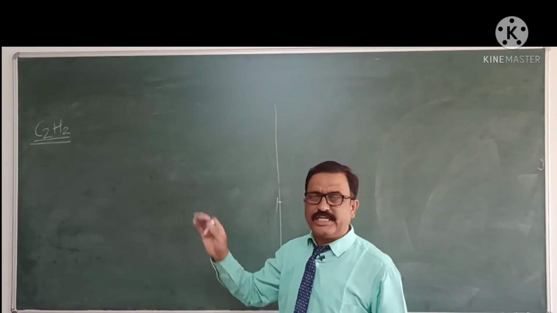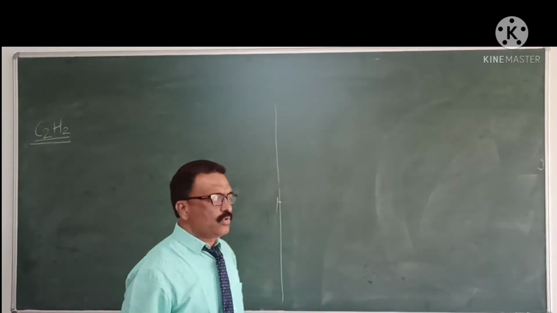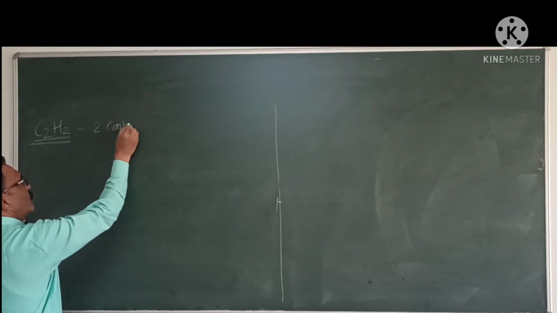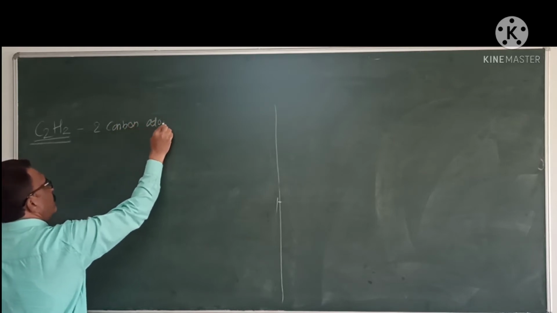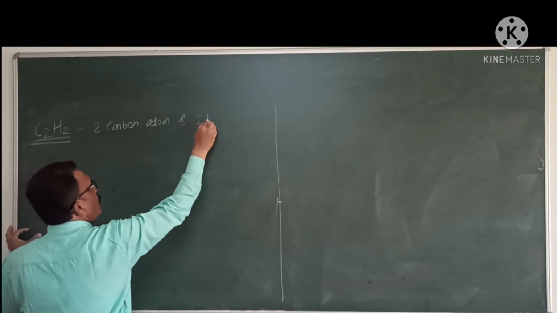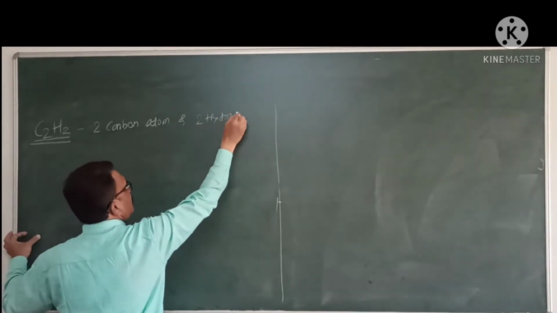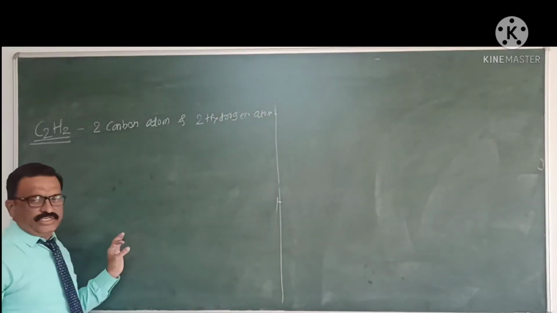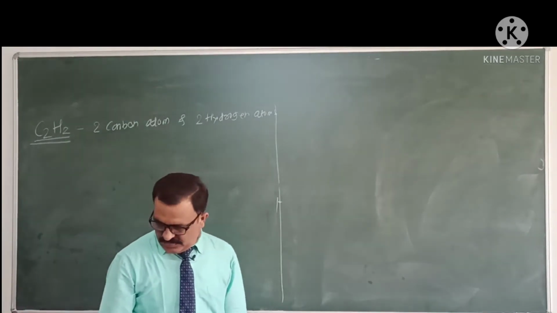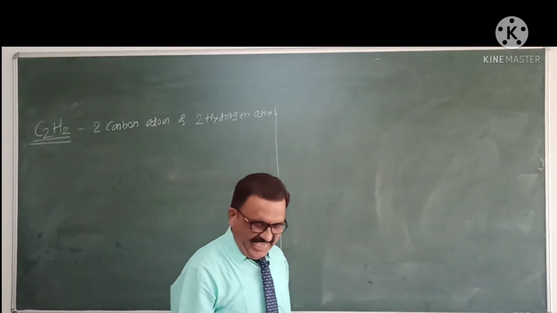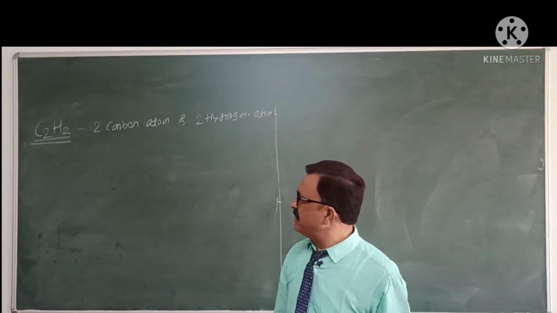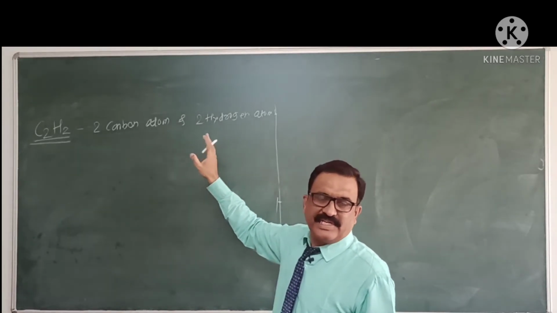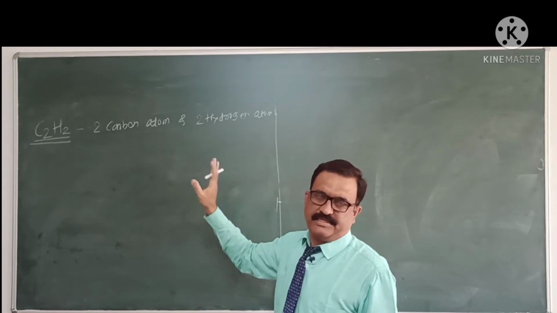Here this C2H2 molecule, that is the acetylene molecule, has 2 carbon atoms and 2 hydrogen atoms in its structure.